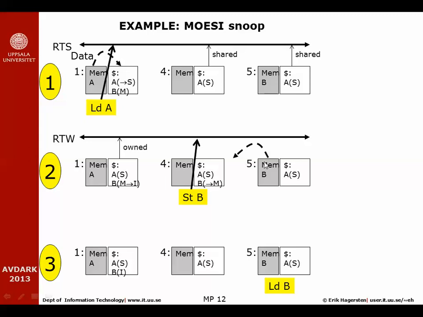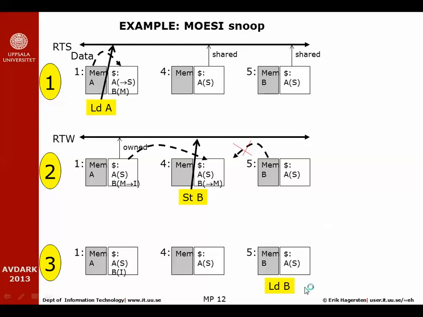However, after it's put out this transaction and started to arbitrate for the bus, it will see that the own signal is asserted. It will notice that, and it will cancel its own transaction. It will say, this data transaction is not okay, I want to cancel it. I was only joking, I'm not going to provide the data to you. And instead, the cache to the left will provide the data to this request.